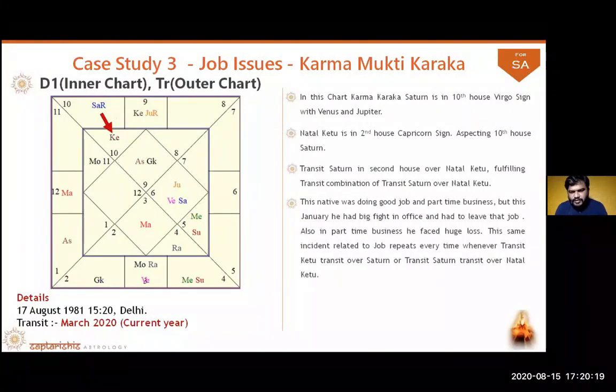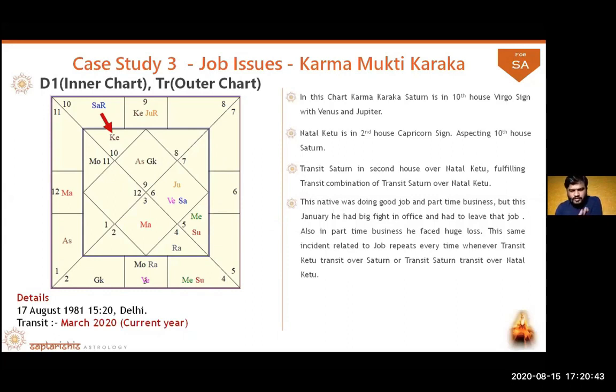As I mentioned in our previous slide, this Saturn-Ketu combination, transit Saturn over natal Ketu or transit Ketu over natal Saturn, can give problems in your karma, in your professional life, in your career path. This native was doing a good job and a part-time business, both.